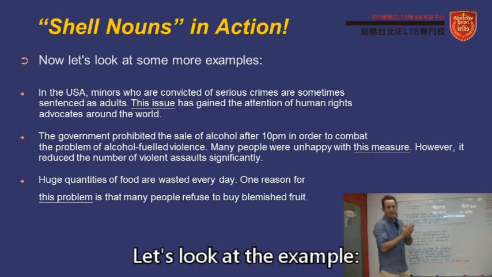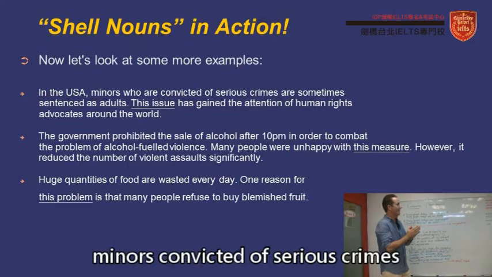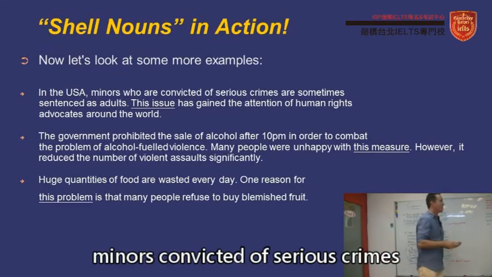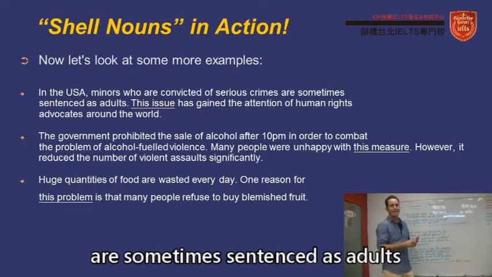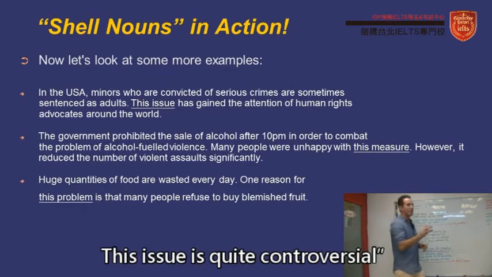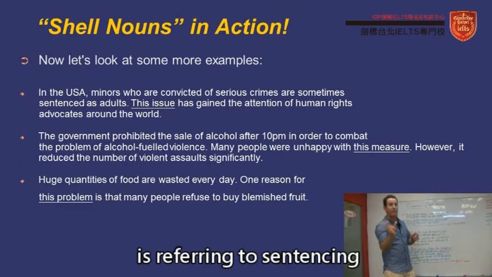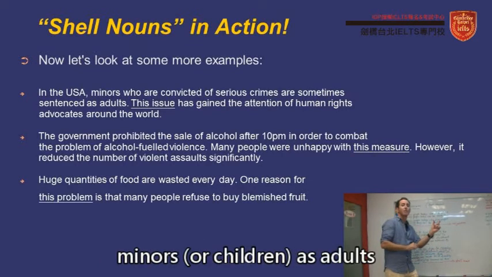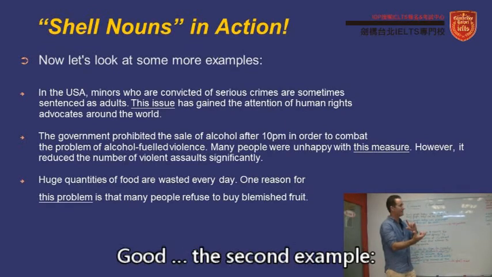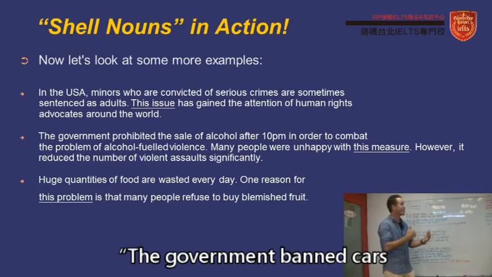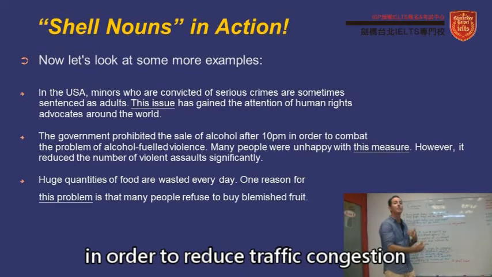So let's look at the first example. In the USA, minors convicted of serious crimes are sometimes sentenced as adults. This issue is quite controversial. So the word issue is referring to sentencing minors or children as adults in court. Second example, the government banned cars from entering the city centre in order to reduce traffic congestion.